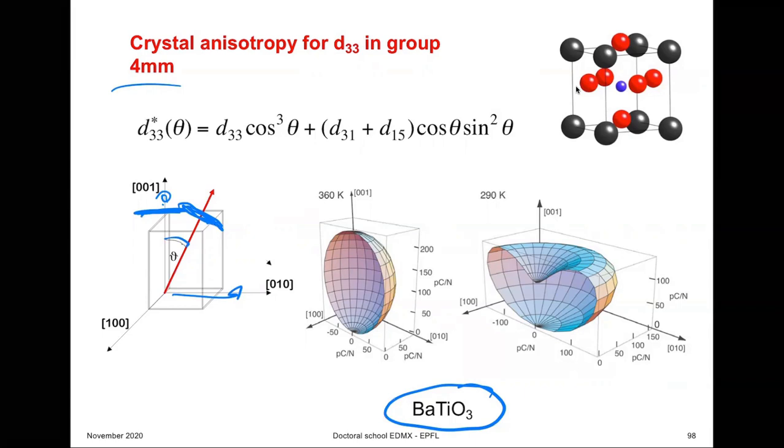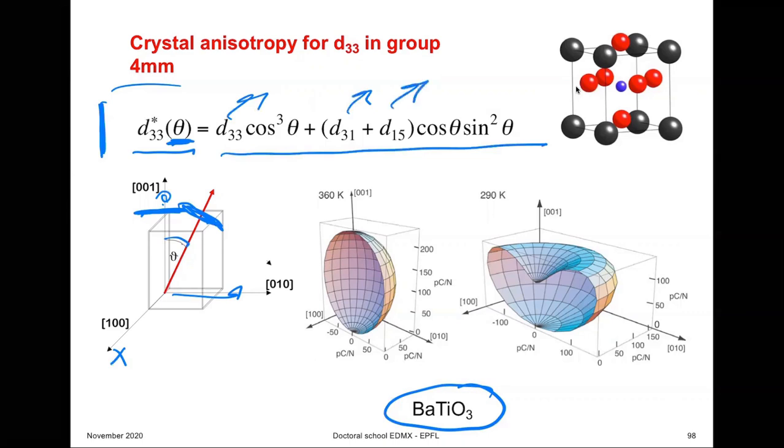We are only rotating around the x axis by angle theta, with phi 0 and psi 0. If we apply the Euler matrix, and you can try to do that, this is a relatively easy calculation for 4mm, we get that D33 at an arbitrary angle theta is equal to this. D33, D31, and D15 are the values of the piezoelectric coefficients in the crystallographic system.